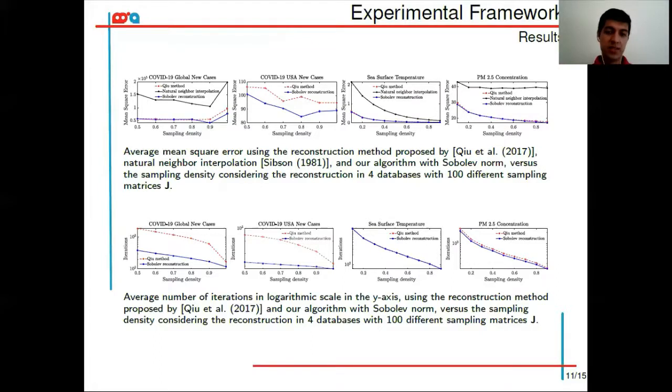And the second row shows us the average number of iterations required to get convergence. In that experiment, we can see that our Sobolev reconstruction algorithm is faster than Q method. And in PM 2.5 concentration it is slightly better than Q method.